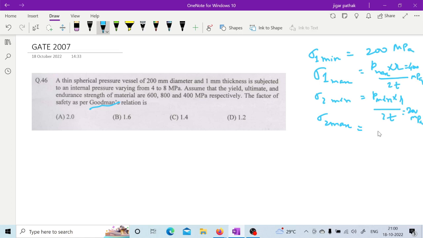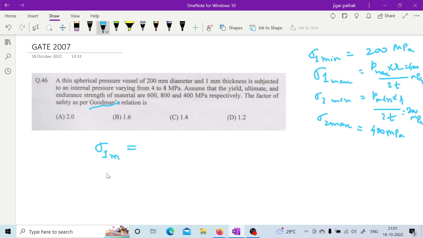Then we have to calculate mean stress and variable stress. Then you have to calculate the equivalent stress first, by considering any of the failure criteria, if you consider the maximum distortion energy theory. After calculating that mean stress and that variable stress, you have to go for the safe stress as per those failure theories.